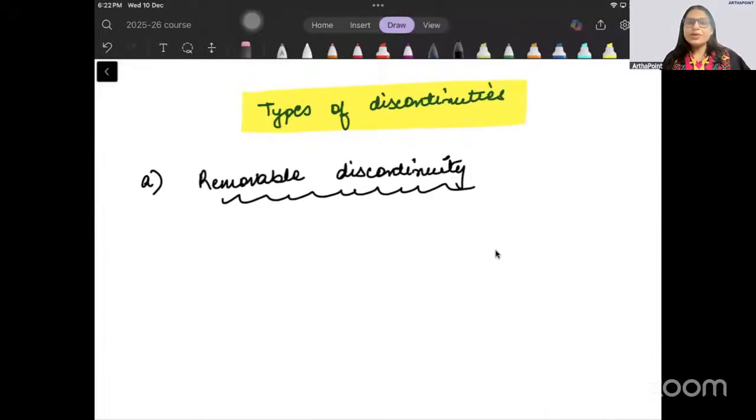Removable discontinuity is any discontinuity which can be fixed. If any discontinuity can be fixed, then it is called removable discontinuity.